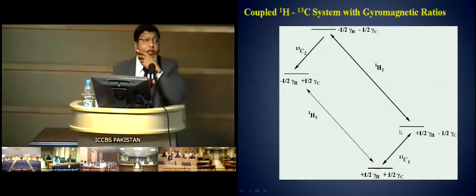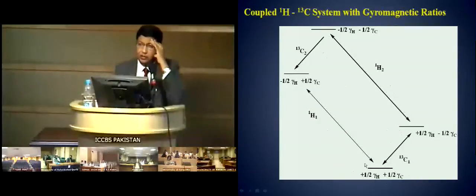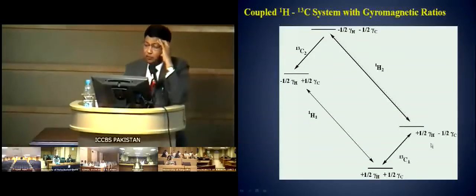So try to understand, it is a very simple equation, because half looks rather difficult, so you just add a very common factor to all these energy levels, and that is plus half gamma H and plus half gamma C. What would it become? Gamma H and gamma C. What would it become?